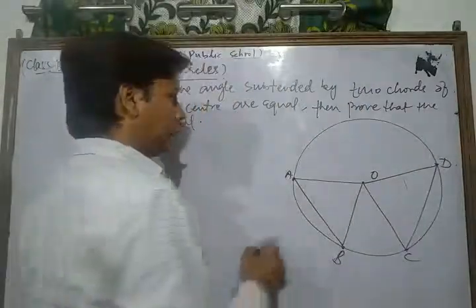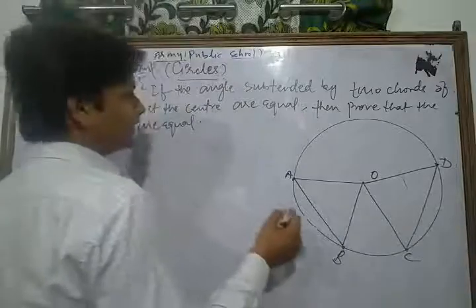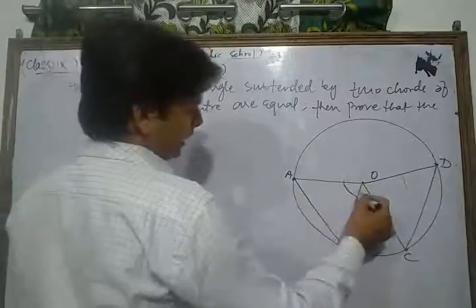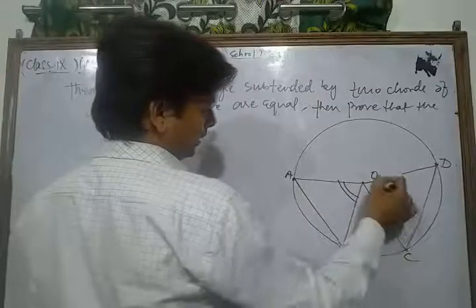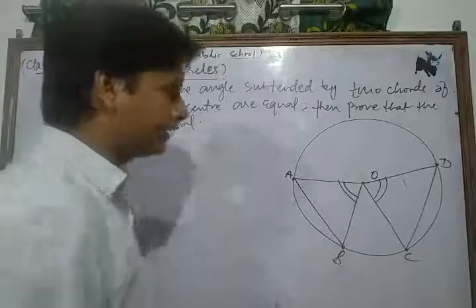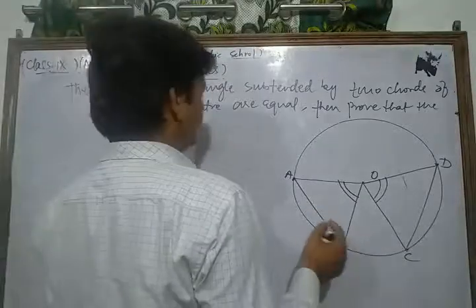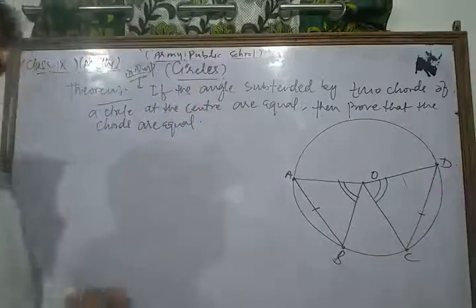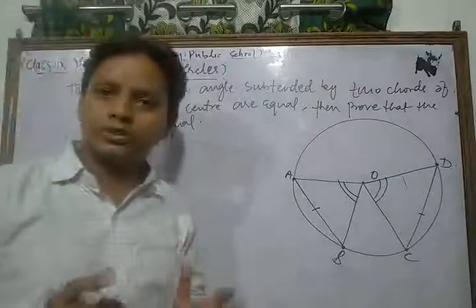And it is already given that the angle subtended by two chords of a circle at the center is equal, meaning angle AOB is the same as angle COD, and we have to show that the chords are equal, meaning we have to show AB is equal to CD. This is the theorem.